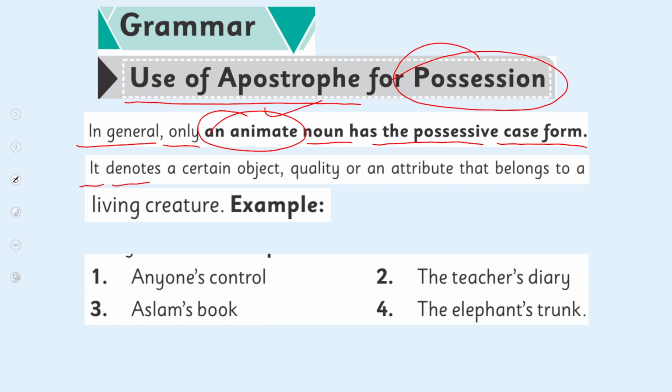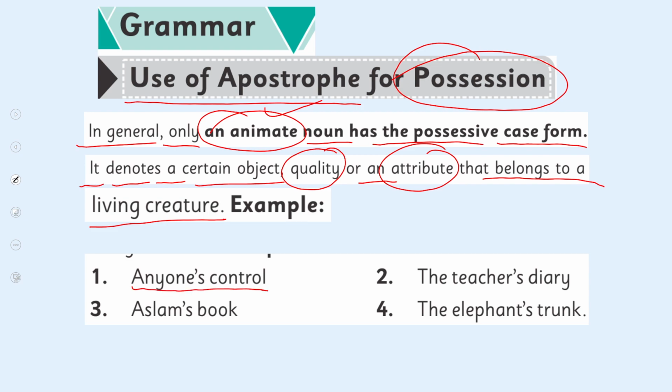It denotes a certain object, quality or attribute that belongs to a living creature or living thing. For example, anyone's control. Now in this phrase anyone's control, you can see the use of apostrophe here with this comma followed by s. It shows possession of anyone with the noun control.